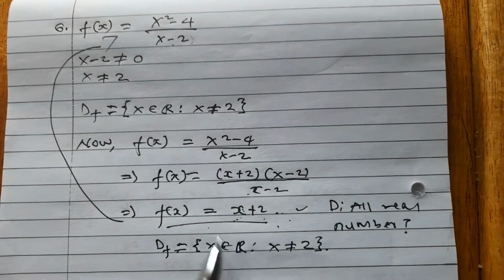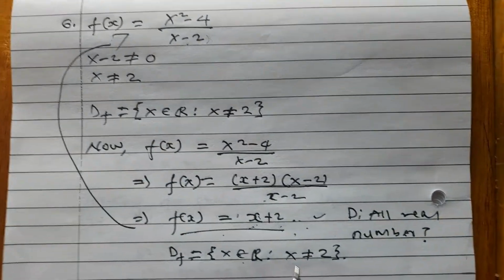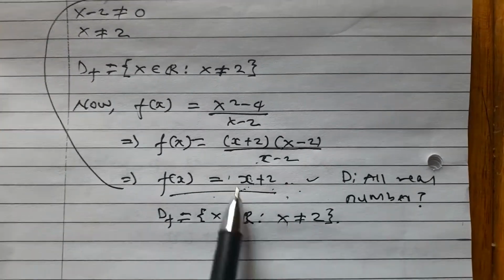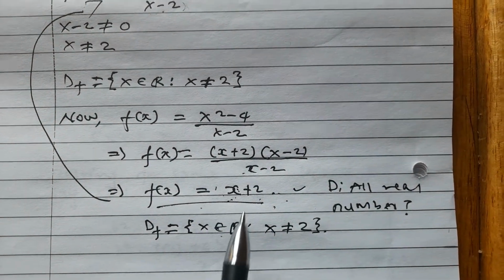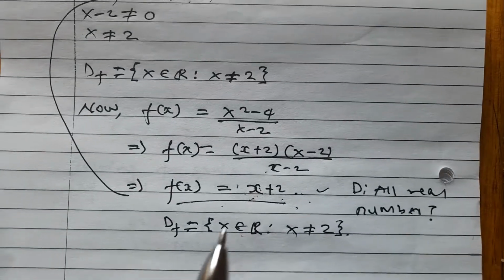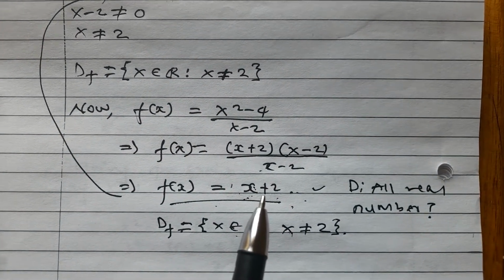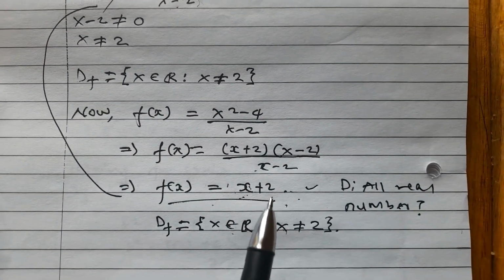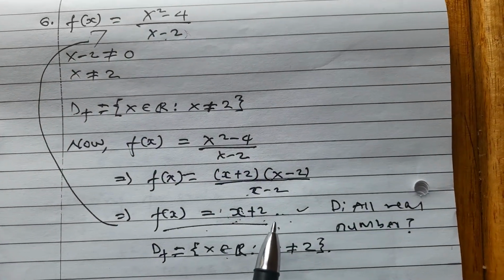So this is also the domain for this function. Despite that, when you try to plug in any value, it will give you an output, but we always have to retain the original domain. So very important to take note about that.